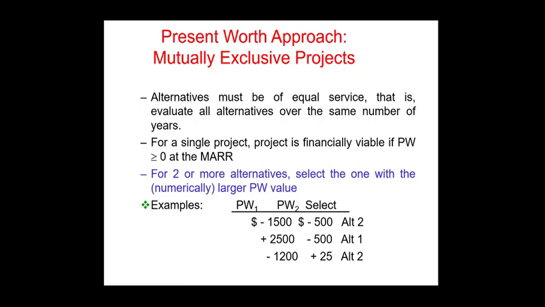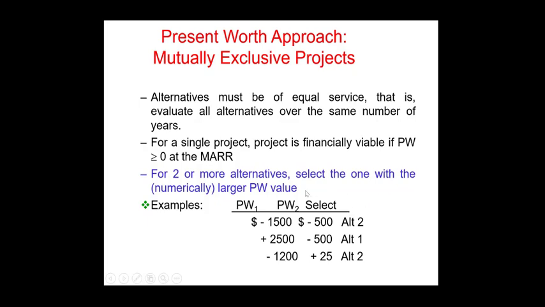That is, evaluate the alternatives over the same number of years. And a single project is financially viable if the present worth is larger than or equal to 0. But for 2 or more alternatives, we select the one with the larger present worth value.